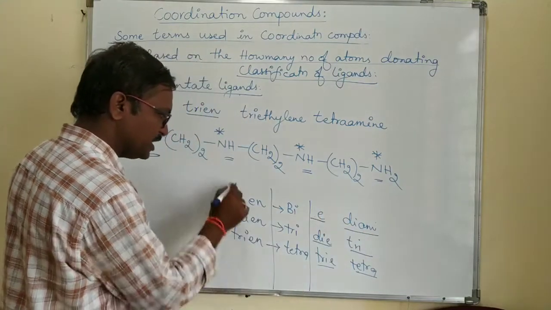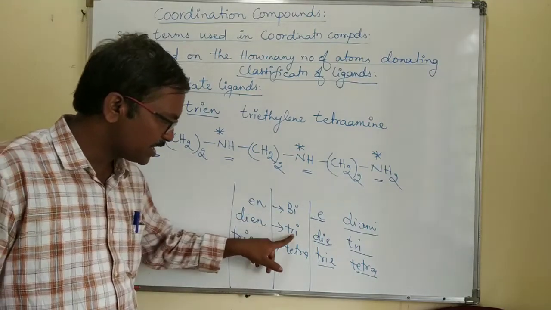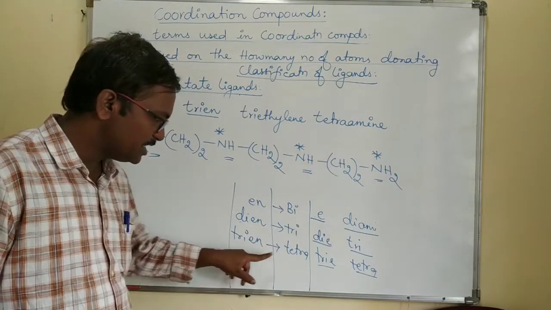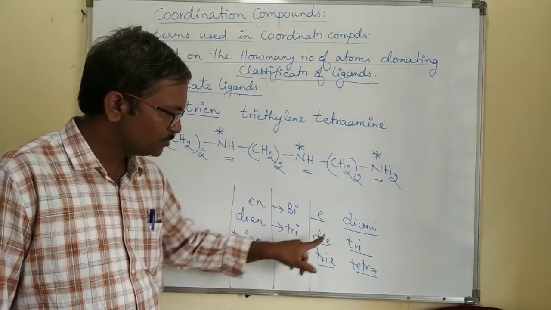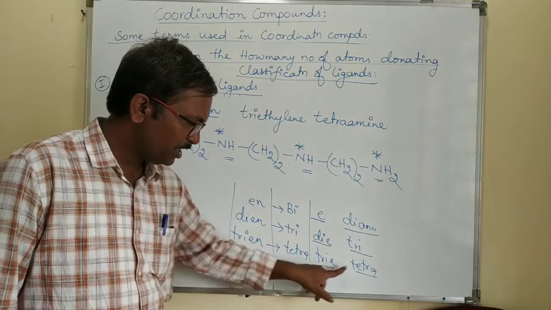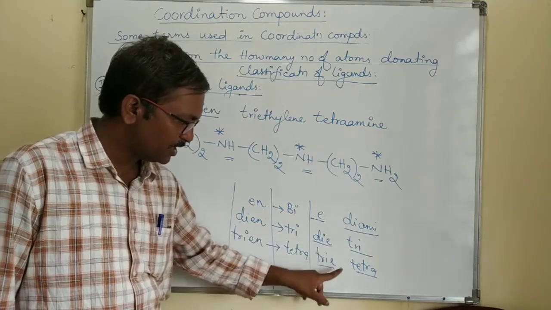So you can easily remember: en is the bidentate neutral, dien is the tridentate neutral, trien is the tetradentate. Ethylene 1, 2, 2, 3, 3, 4: ethylene diamine, diethylene triamine, triethylene tetramine.